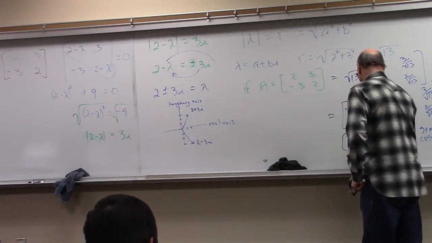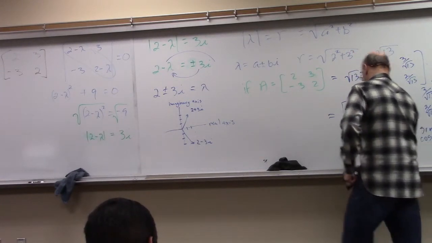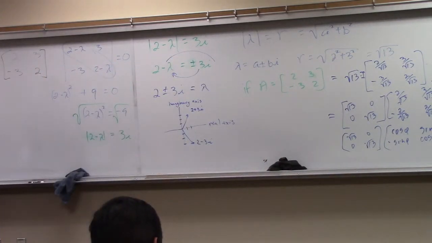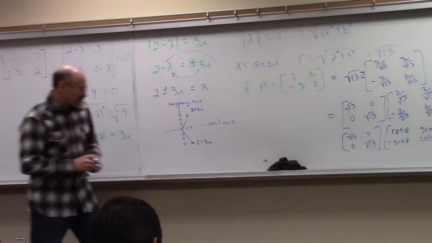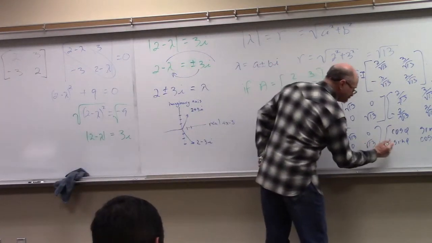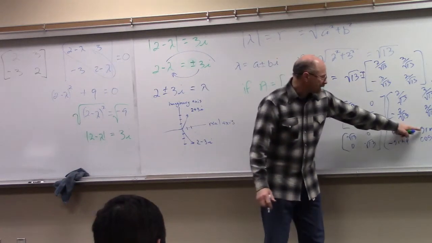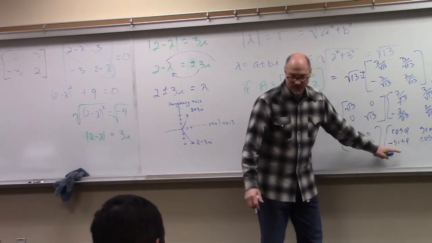Isn't that a rotation matrix? Now, which direction is that going with the negative down here? Isn't that a clockwise rotation? Remember, it's counterclockwise if the negative's up here and it's clockwise down here.